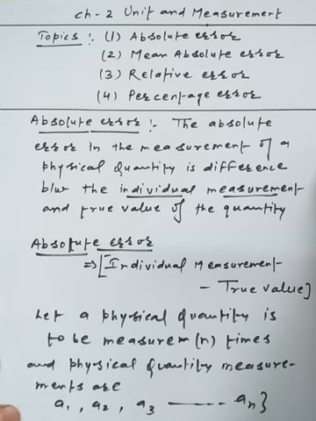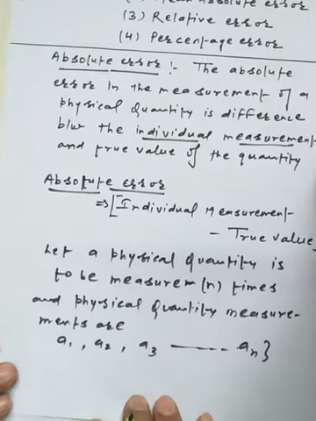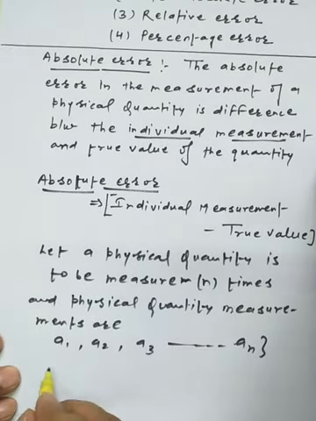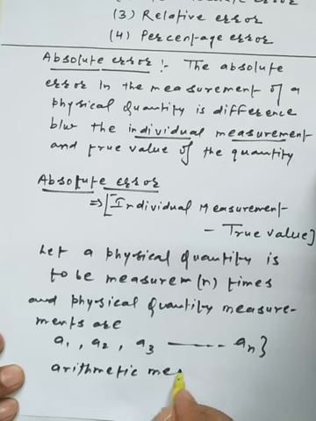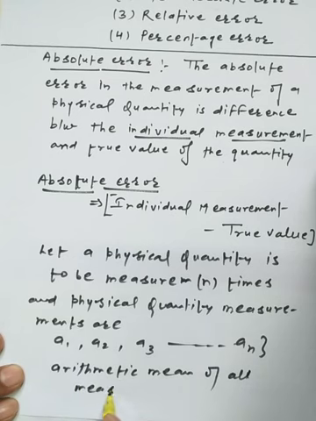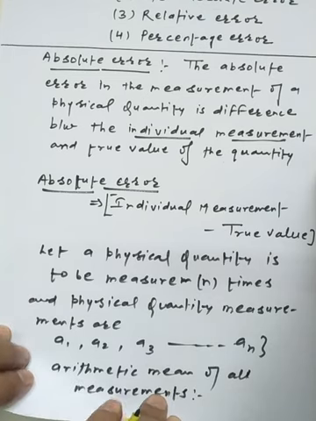So to get the true value of the physical quantity, we take the arithmetic mean of all the individual measurements. In simple words, you must find the average.